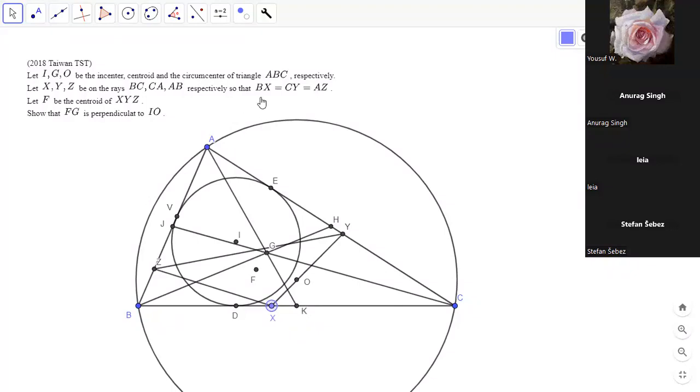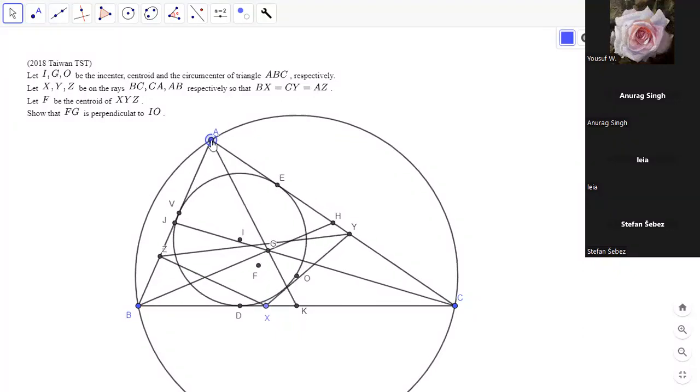So how do we use the condition BX equals CY equals AZ? Can we use Ceva in some way?